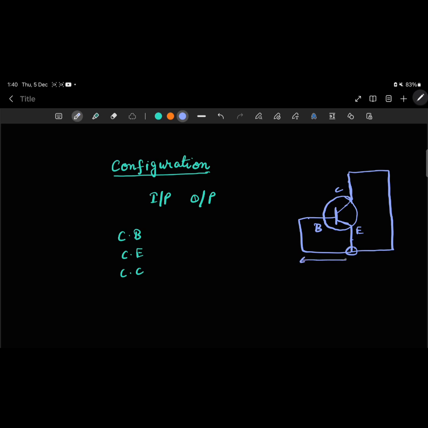The input is taken between the base and the emitter, and the output is taken between the collector and the emitter. Similarly, in common collector, the circuit will go something like this, and the collector stands between the input and the output terminals. Both of them have the collector.